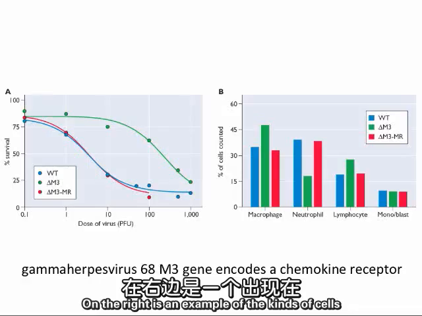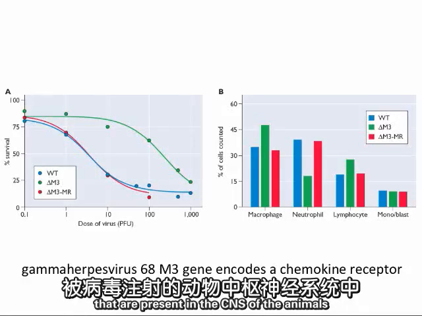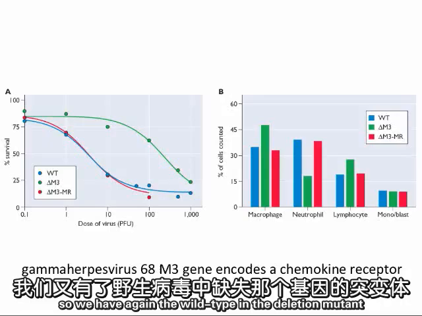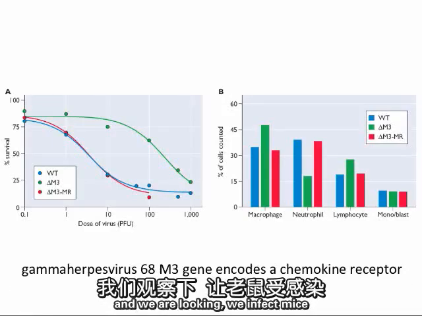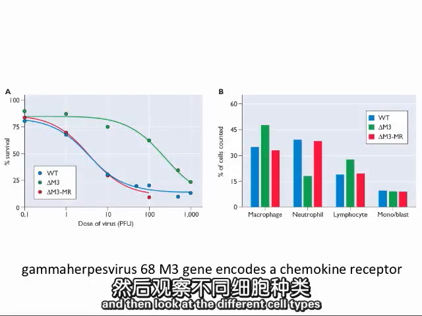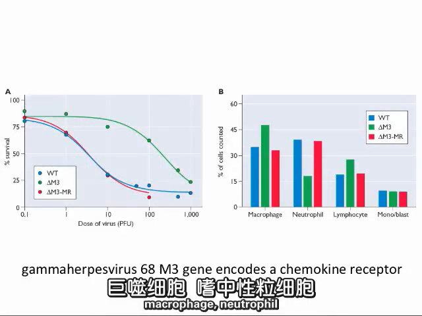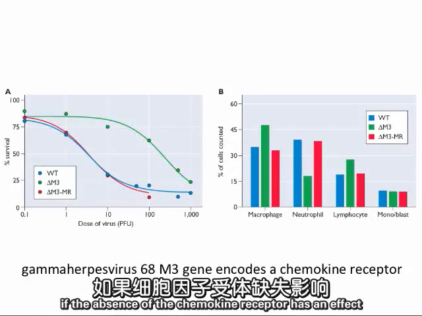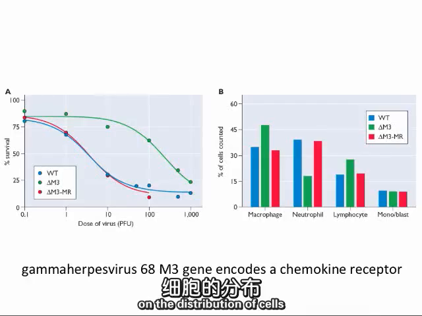On the right is an example of the kinds of cells that are present in the CNS of the animals injected with this virus. So we have, again, the wild type and the deletion mutant. And we infect mice, and we take a section, say, of brain, and then look at the different cell types: macrophages, neutrophils, lymphocytes, monocytes. And this is to tell us if the absence of the chemokine receptor has an effect on the distribution of cells.